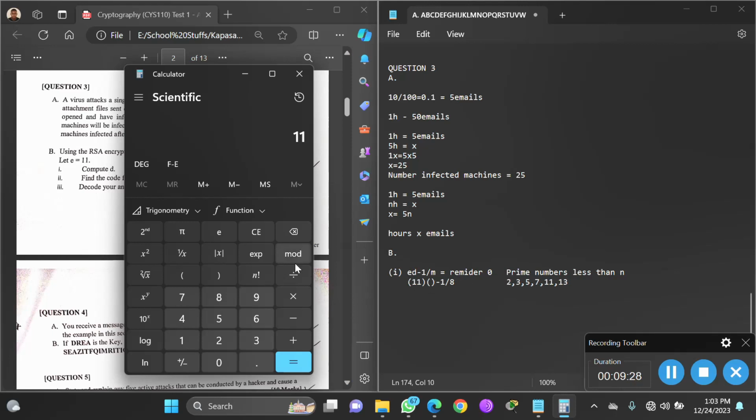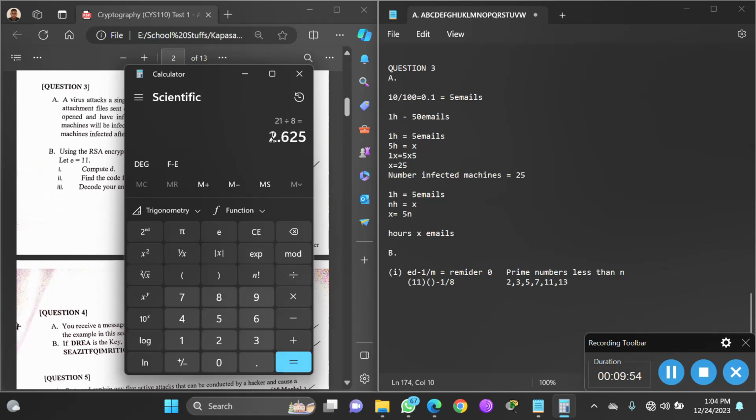Let me say it's 2. So it will be times 2, equal, you get 22. Then minus 1. Now we have our M, which is 8 in this case, so you say divide by 8.